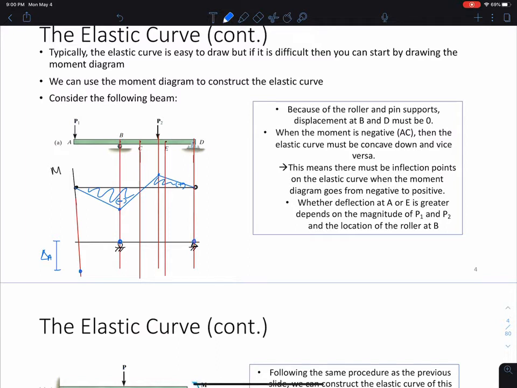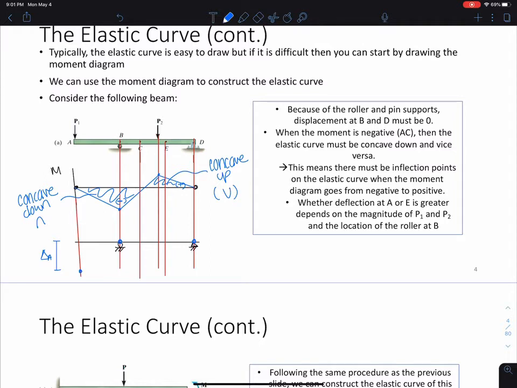We can't move, okay? And the other thing that we know is whenever our moment diagram is negative, that means our elastic curve is concave down, which is like a frown. And whenever it's positive, that means that our elastic curve is concave up, like a happy face or a cup. Okay, U up and then down like a frown.